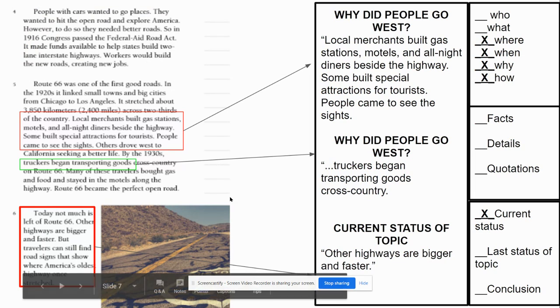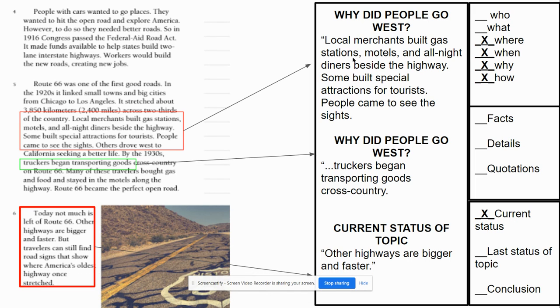Here's another example. I'm on the same source. So I retyped the detail here, so it's a little bit easier to see. I thought this detail tells me, why do people want to go west? Local merchants built gas stations, motels, and all-night diners beside the highway. Some built special attractions for tourists, so people came to see the sights.